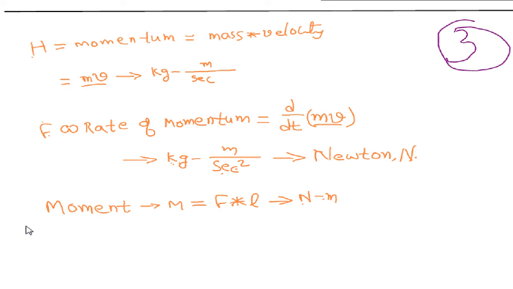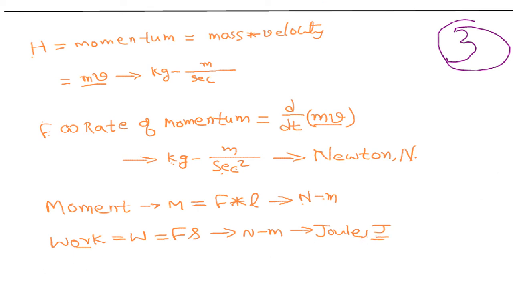We may also note that the work done by a force F when it moves an object over a distance is also F times the distance it moves, and hence it also has units Newton meter. This Newton meter is given a name, joule, which is abbreviated as J. So the work done has units joules, J.